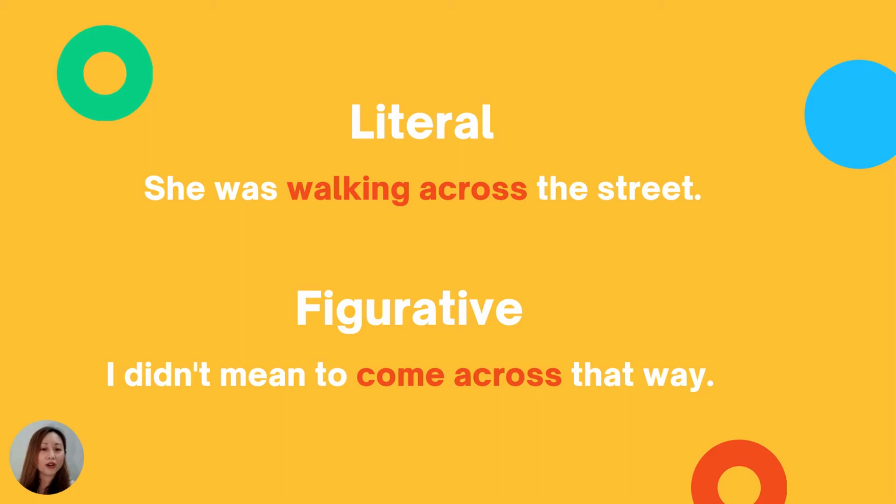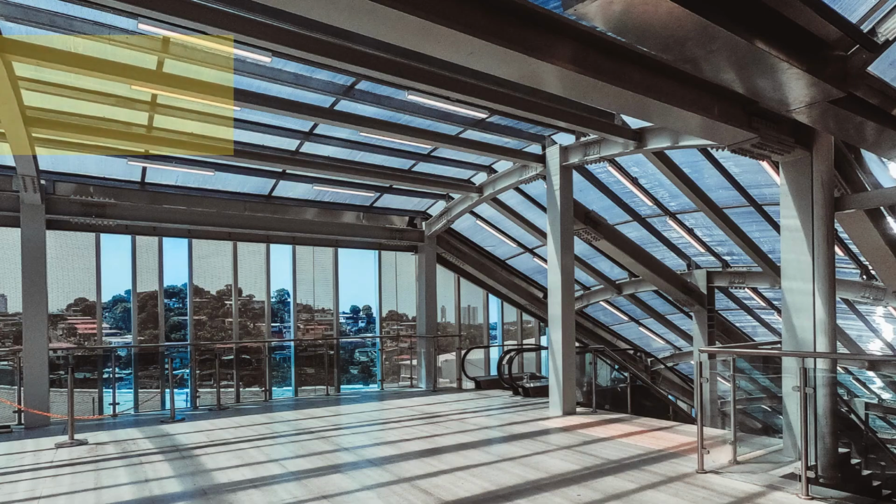Walking across here means physical. You would move your body from one side of the street to the other, versus a phrase that is figurative or idiomatic. I didn't mean to come across that way, meaning you didn't mean to come off as rude or insincere. So the meaning is different from something that's physical. That's the difference between literal and idiomatic.